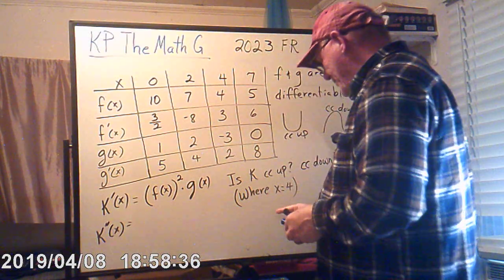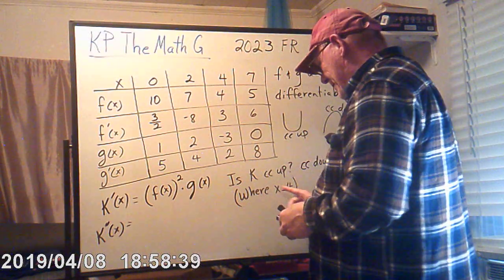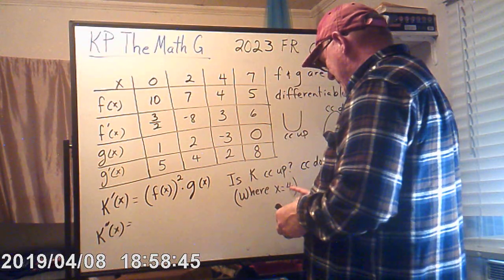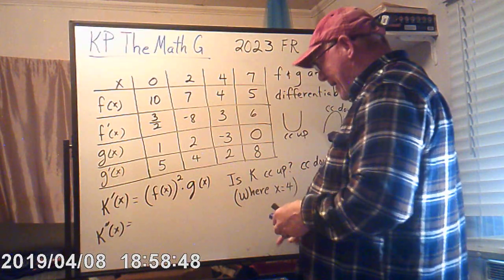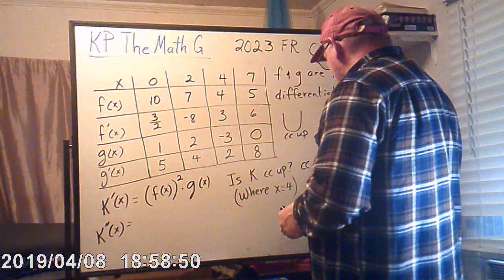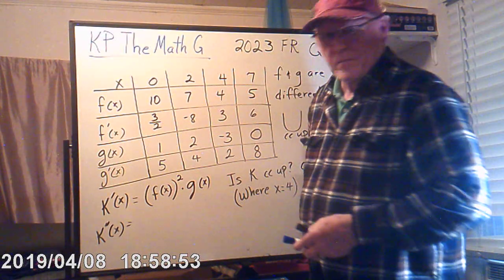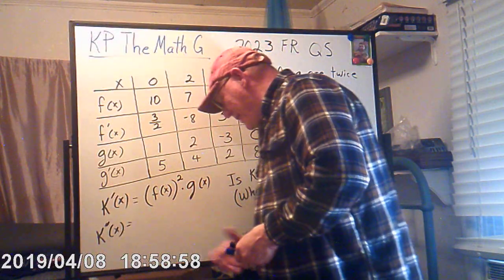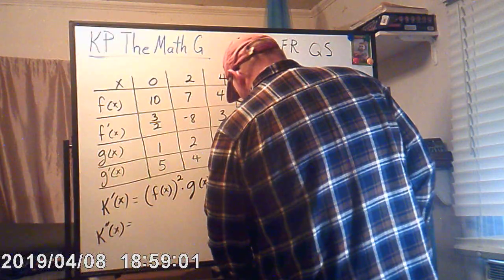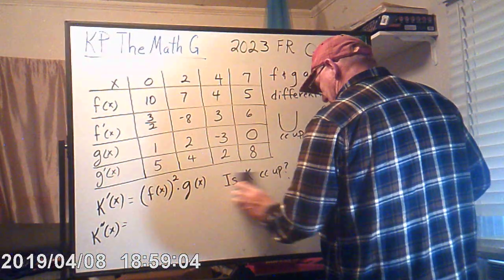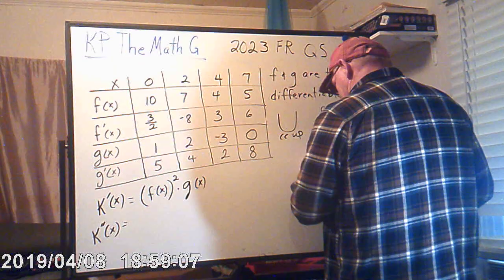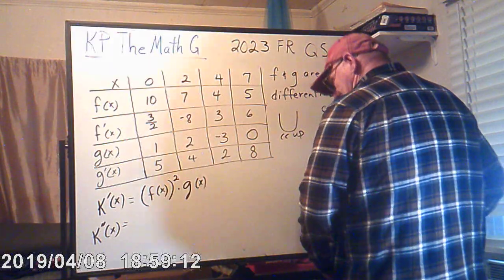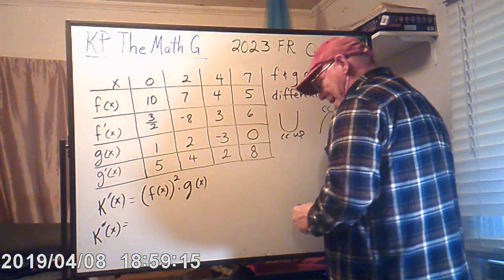But if K double prime at x, whatever that is, at x equals 4 is negative, then K is concave down. That's how you determine it. So we need to find the derivative of this. Oh my. I should have left that there, but I'm going to need some room. So bear with me. We're looking at concave up or concave down.